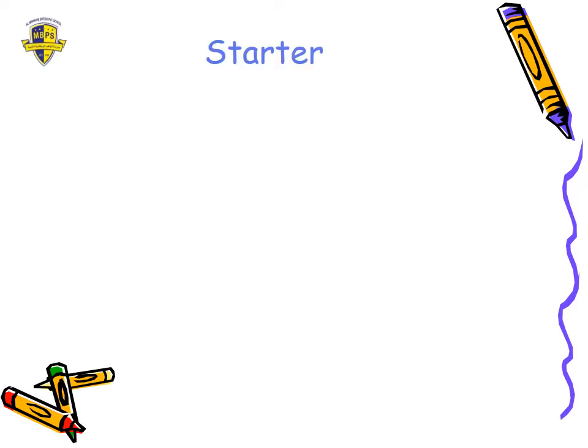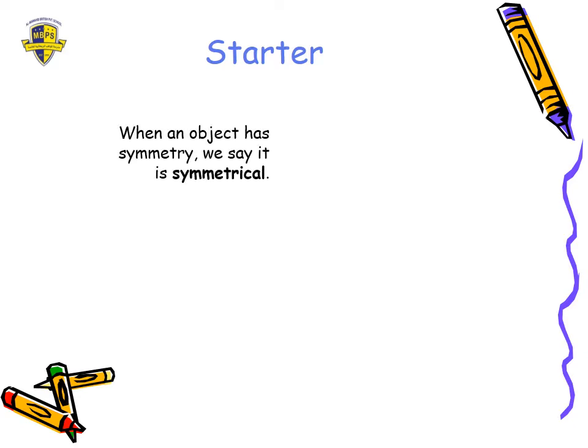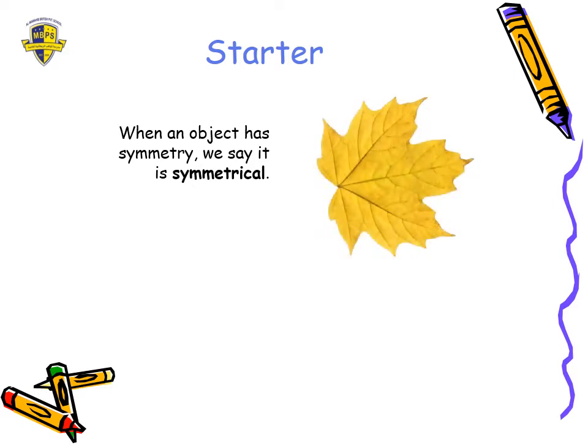Before we start, let's revise what we mean by symmetry. Who can remind me what symmetry or symmetrical shapes are? Excellent, one shape we can divide into two equal, identical parts.